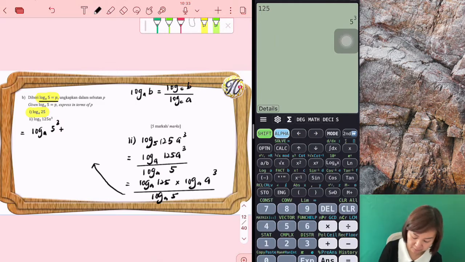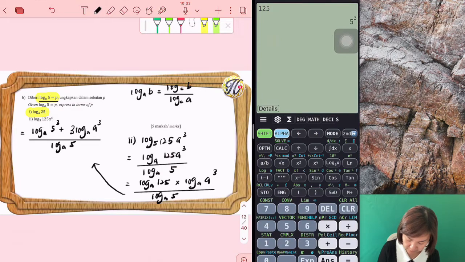Okay, 3 log, bukan tingkat darab. A kuasa, betul ke? A kuasa 3 log A base A. Sorry, cikgu salah tulis. Kejap. Ini base A dulu. A kuasa 3 bahagi dengan log asas A 5.